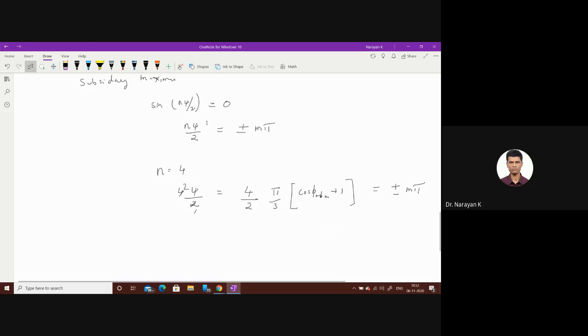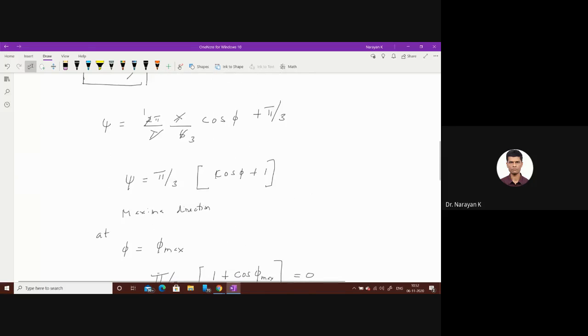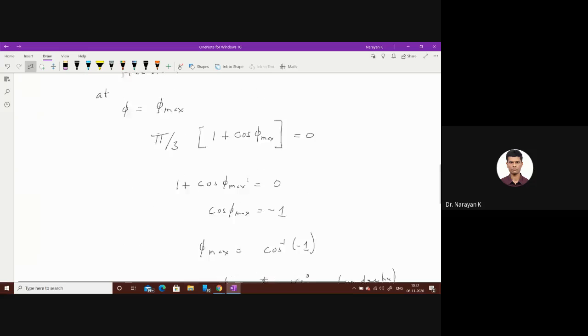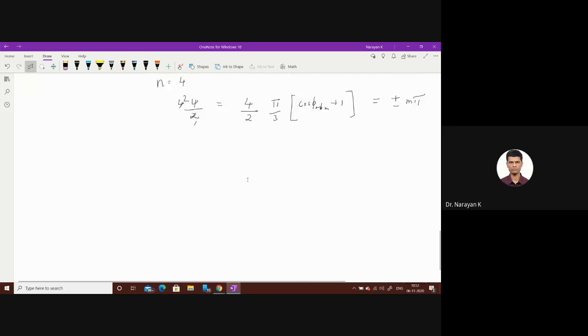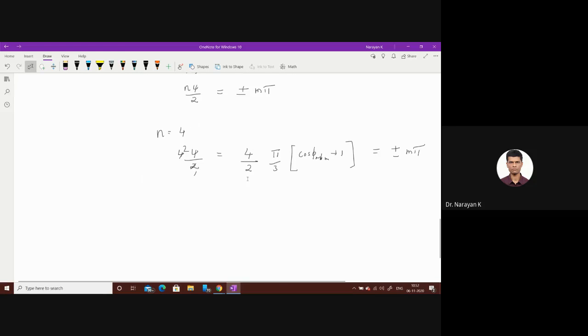So when I'm finding the subsidiary maximum, I'll put here SUB, subsidiary. Got my point? When you draw the plot, you will get it more clear. Is it clear what I'm trying to do? So quickly do this work.